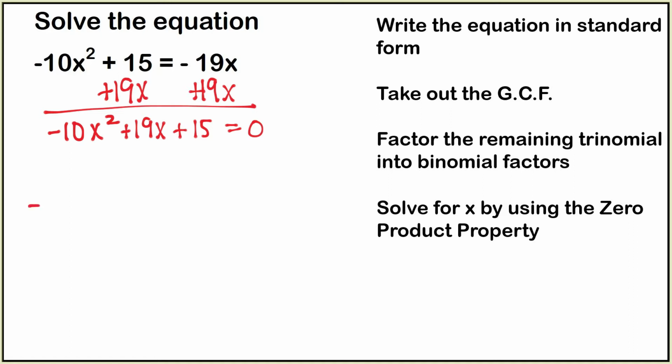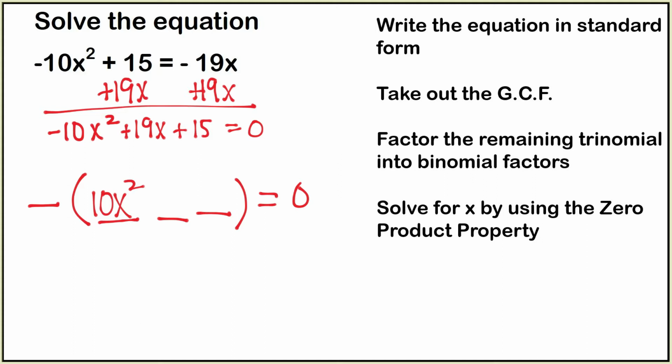So I'm going to write the problem like this. I'm not going to write the unwritten 1 anymore, because that's not really the acceptable way of doing it in math. I'm just going to leave it unwritten. And if I divide every term in my trinomial by negative 1, I'll know what the remaining trinomial will be inside the parentheses. So negative 10x squared divided by negative 1 is positive 10x squared.